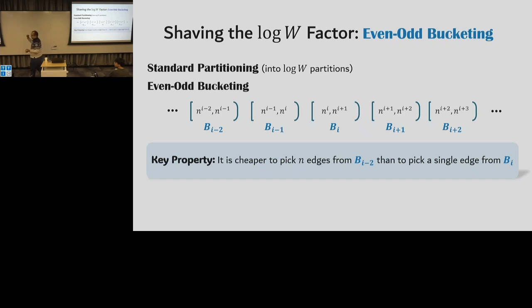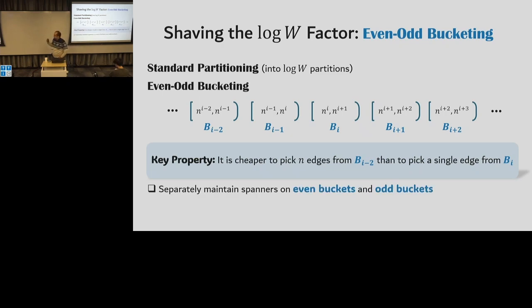Because the length of any simple path is at most n, and all edges in B_{i-2} and smaller are at least a factor of n smaller than the weight of any edge in B_i. So that's the key property that we will get from this bucketing.